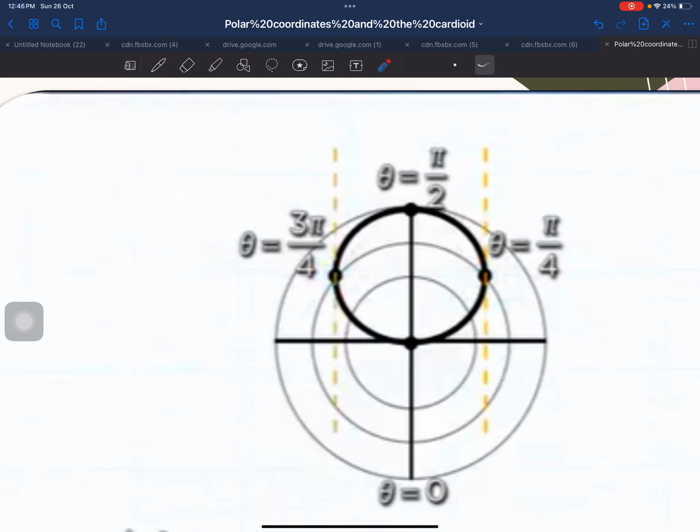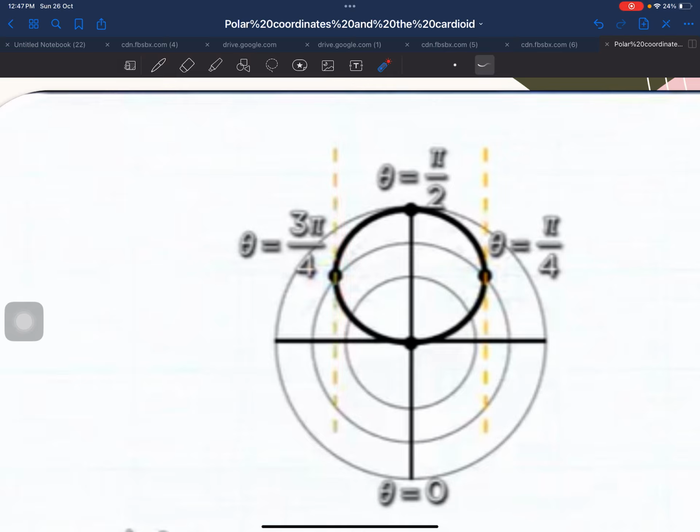So this is the picture of the curve under consideration, r equals sine theta. You can do the graph by point plotting, but notice some of the outcomes here: when theta is pi over 4 and 3 pi over 4, we discover that there is a vertical tangent.